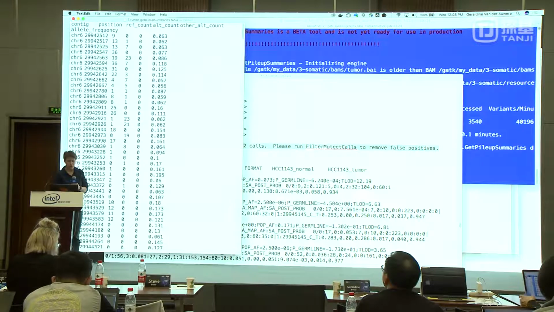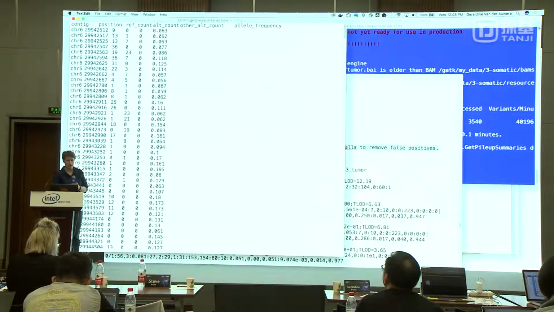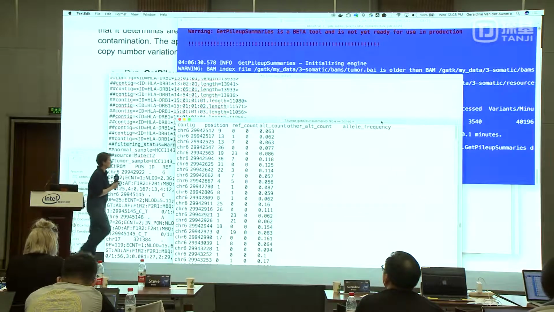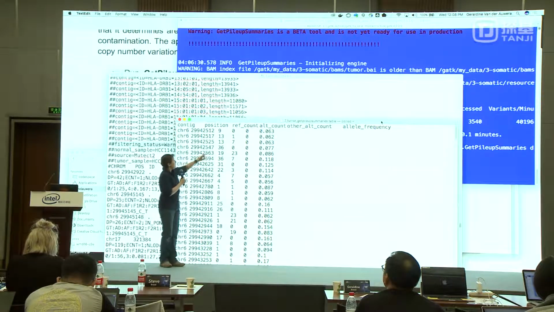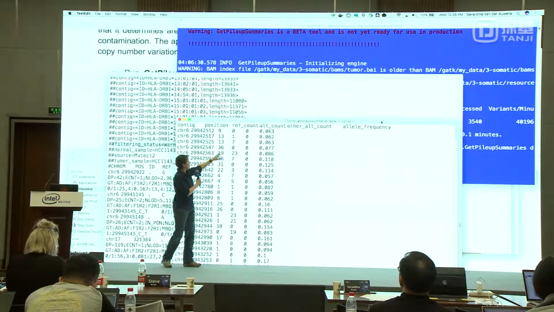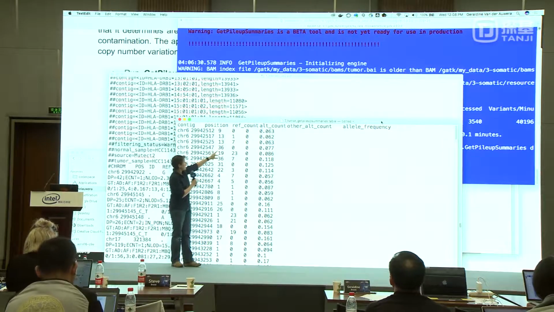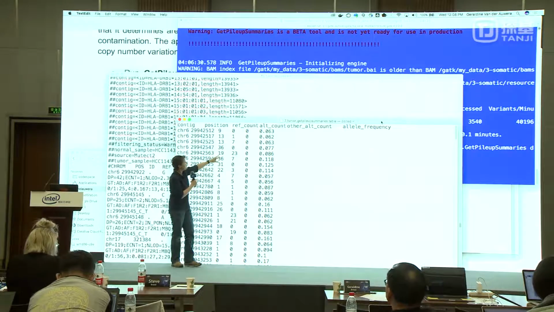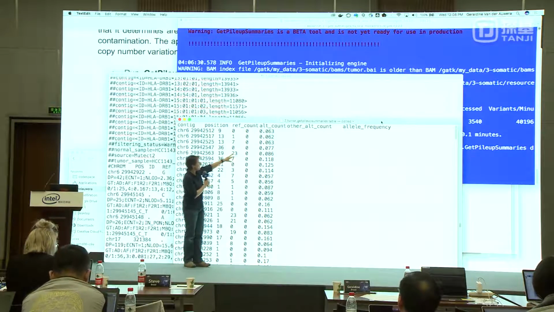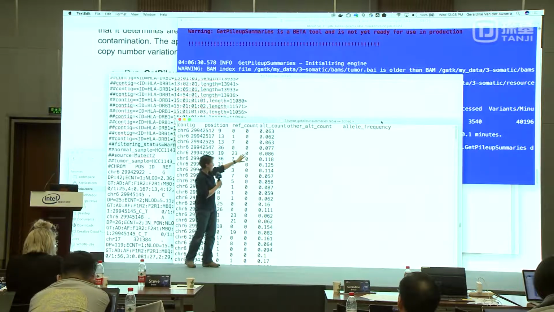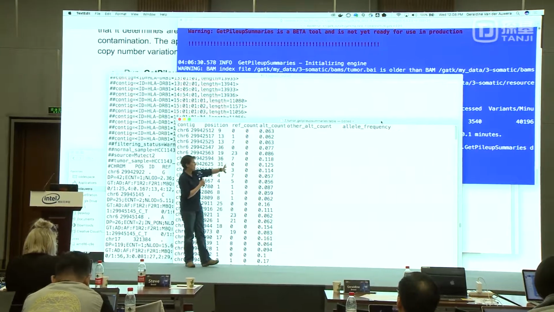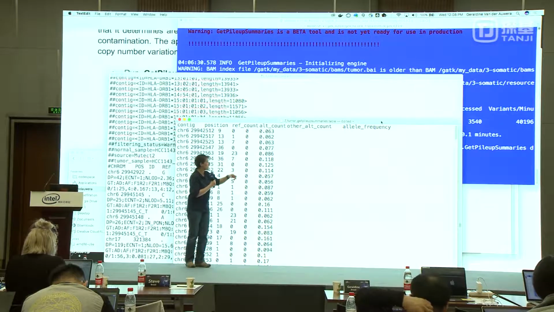And you see that what's in this file basically, we have the contig, we have the position, and then we have this little offset, but the count of reads supporting the reference, count of reads supporting the alt, and the count of reads supporting something else, some other allele that's present, but not genotyped as such.